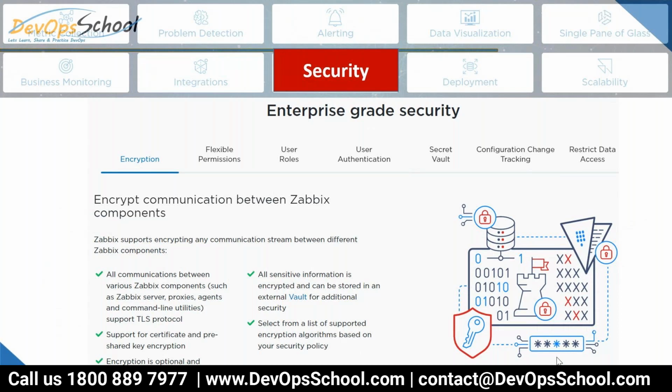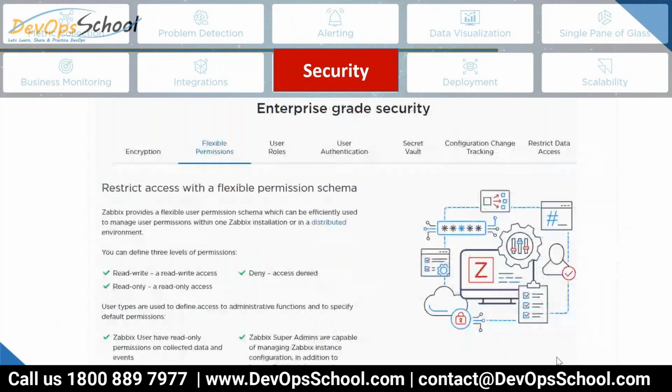All communication between the various Zabbix components such as servers, proxies, and agents, you can encrypt using TLS and encryption keys and all stuff like that. So that is possible. You have a very flexible permission system, which you can also call RBAC, role-based access control.